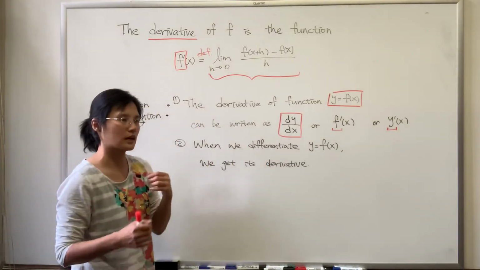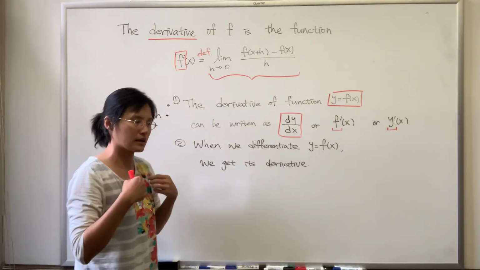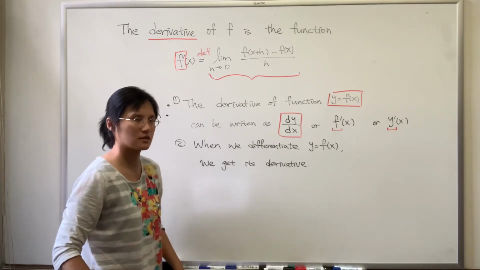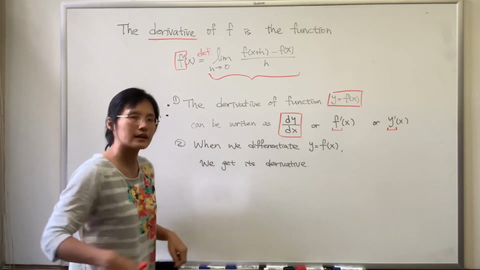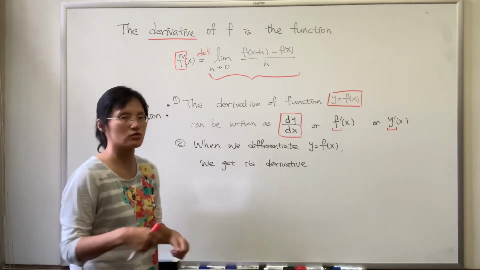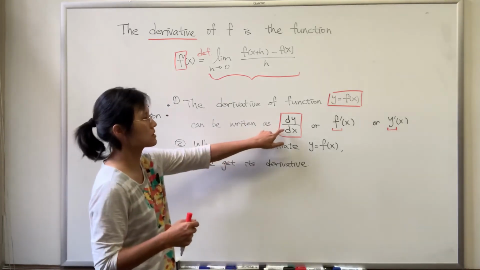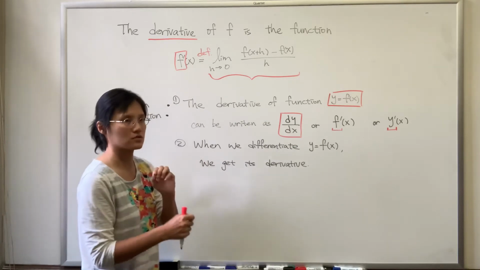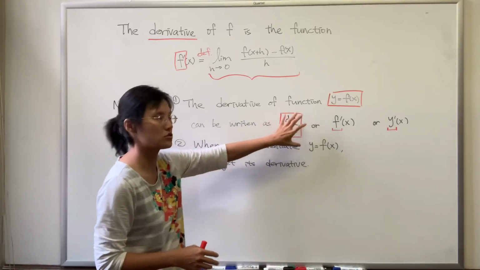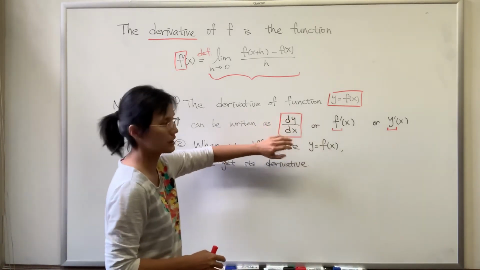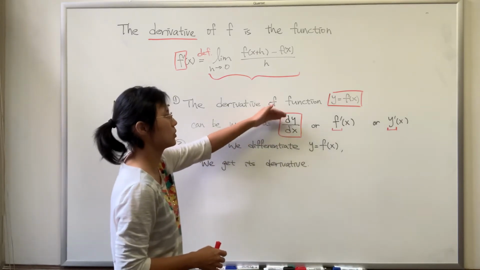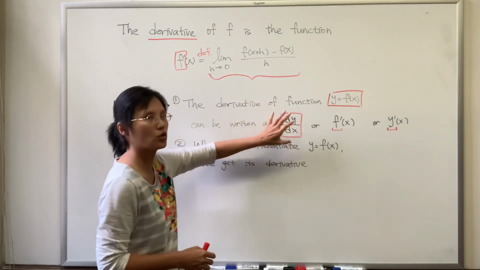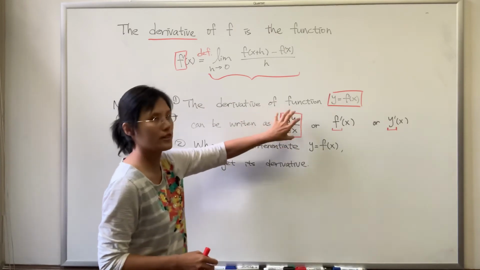Have you seen those kind of clothes that looks like a two pieces dress, but they're actually connected? That's one piece. You cannot separate them. So this is like a fake two pieces dress. Okay, so this is one piece. You do not separate the dy and dx. When you want to use this notation, you always write this dy over dx all together and treat this as one thing. Okay.